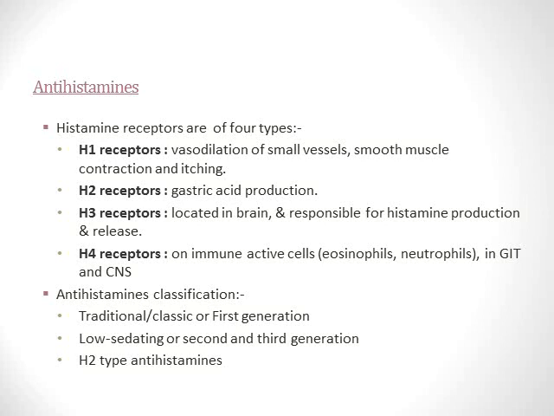H2 receptors are responsible for gastric acid production. H3 is located in the brain and responsible for histamine production and release, whereas H4 receptors are on immune active cells. They're in eosinophils and neutrophils, and in the GIT and CNS. So we are mainly concerned with H1 receptors, the H1 blockers.